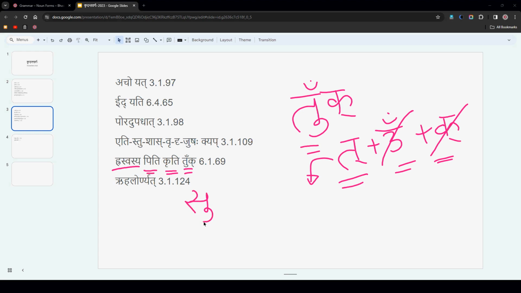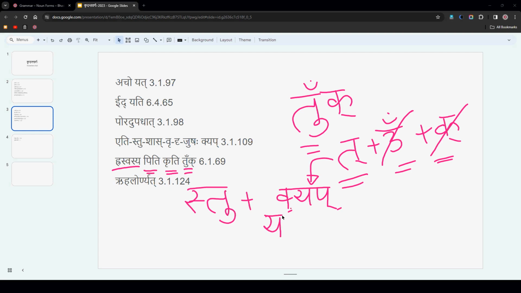Now take the example of stu again. Stu is the dhatu, and we are adding the Kyap pratyaya. Then ka and pa go away, only ya remains.